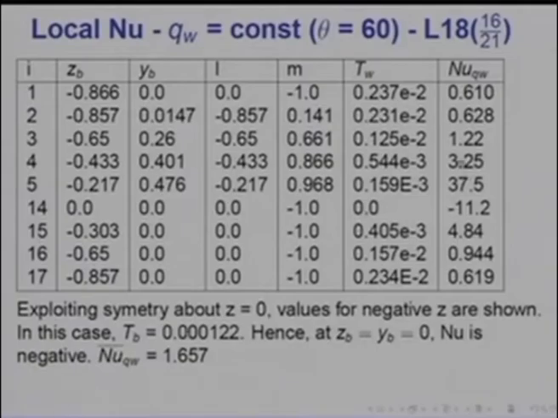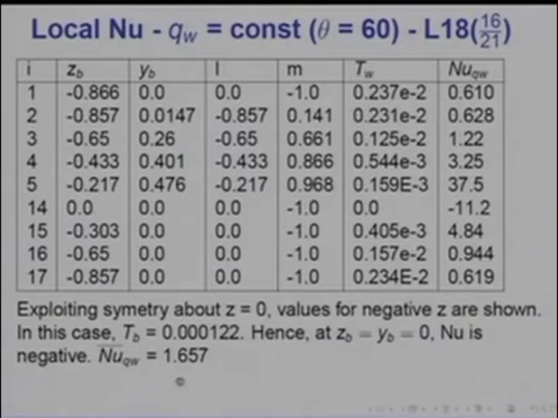So, all it implies is not negative heat transfer, but simply that the wall temperature is much lower than the bulk temperature, resulting in a negative Nusselt number. Then again T wall becomes greater than T bulk. So, such things can also happen, that a wall temperature actually goes below the bulk temperature. Then 4.84 and 0.619 again. So, in this particular case, Nu bar is 1.657 for 60 degrees.